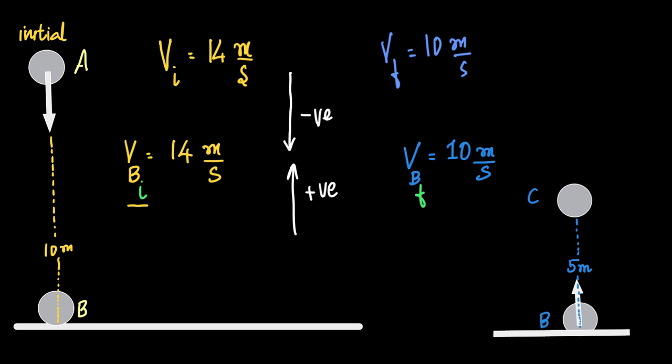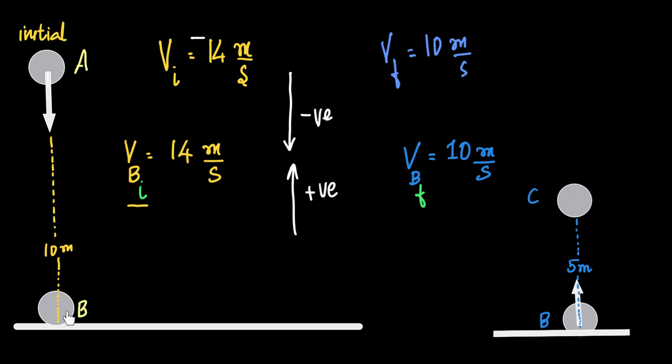Since the velocity before impact is going downwards in this direction, I will take this as negative.